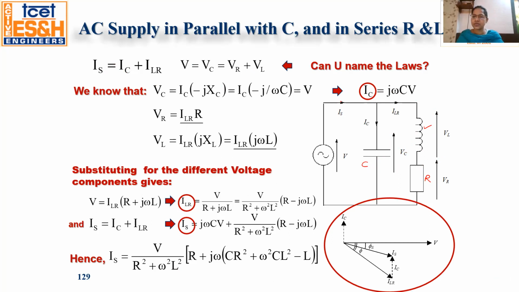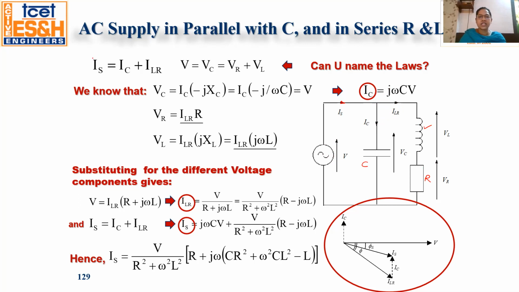The total current flowing in the circuit is IS, the supply current, and this is the total voltage we give here. This IS is divided into two parts. One component of current goes through this capacitor, and the second component goes through this L and R combination.